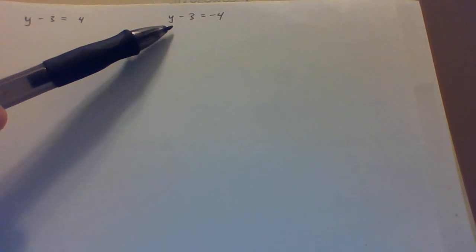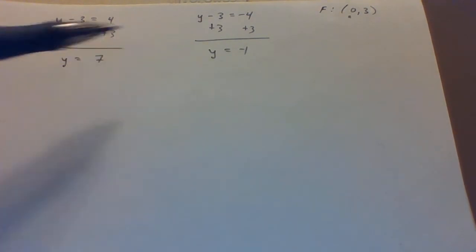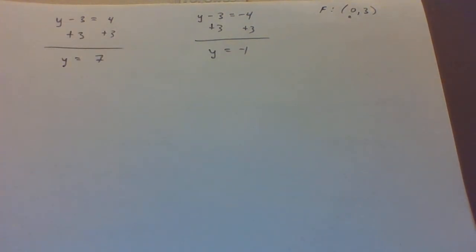I'm going to get y minus 3 equals my positive 4, and my second equation is going to be y minus 3 equals my -4. Let's go ahead and solve both of these equations to get each y value. Y equals 7 and y equals -1 are the 2 values that we get.